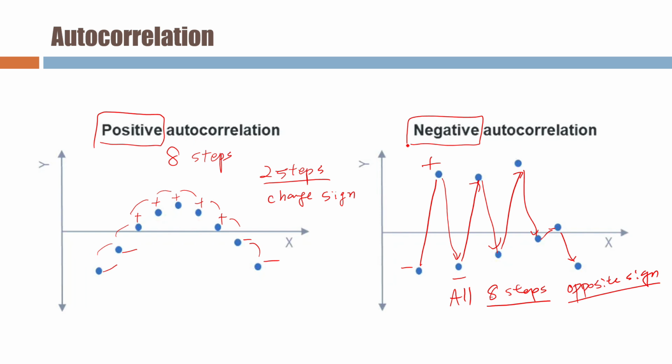So this is what we call the autocorrelation. What is this variable? It is the same variable, so it has a correlation with itself. That's why we call it autocorrelation, but at a different time point.